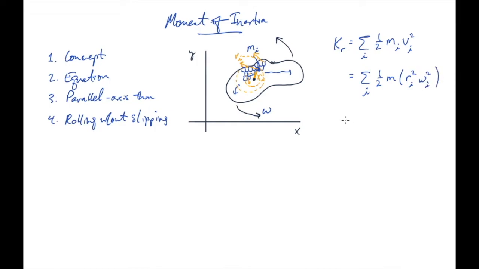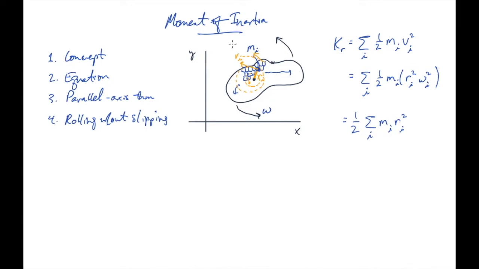I can factor the half out of this summation. So I have half the sum over all the rectangles, I forgot an I up here, of m sub I r sub I squared. But notice that if the object is rigid, if it all rotates together, then omega is the same for every piece of this object.